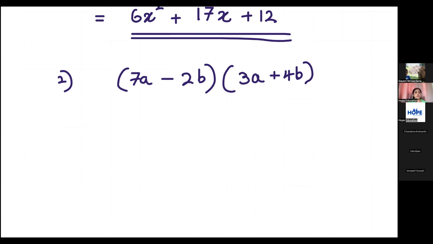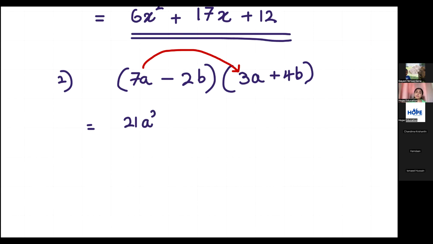Okay, so first of all, 7 I multiply by 3a. 7 times 3 is 21, no? When you multiply the numbers first, 7 times 3 is 21. Then let's multiply the letters. Here there is A, here there is A. A multiplied by A means A squared.